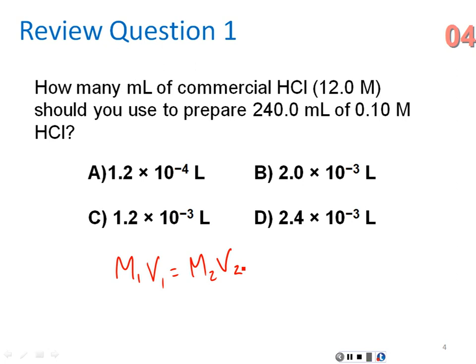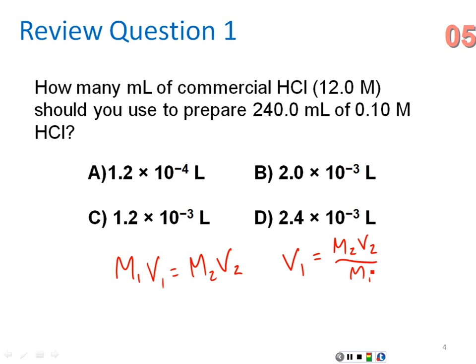We're given M2, the concentration we want to get. And we're given V2, the volume we want to get. What we're asked to find is V1. So we can rearrange this equation: V1 equals M2 V2 over M1.